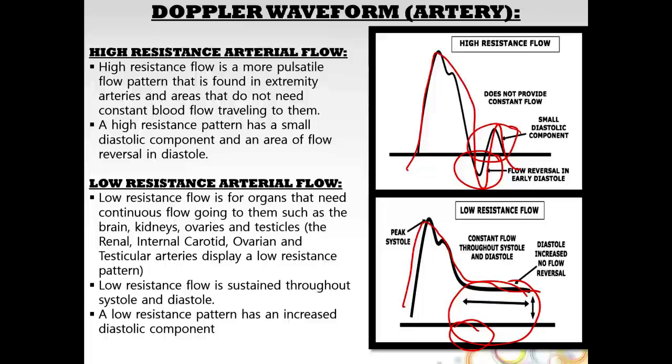All these parts of the body need constant flow going to them, so they're going to have that low resistance pattern, meaning the body's sending very little resistance to these vessels in order to keep the flow going towards them. So with low resistance flow, the flow is sustained throughout both systole and diastole with no areas of flow reversal.